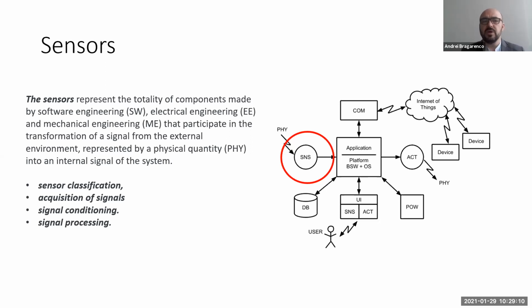Okay. Sensor. We'll have a special class for sensors. And what is a sensor? A sensor is a device that converts an external physical environment parameter into information, going through the mechanical part, the electrical side, and the software engineering part. In software engineering, such components or resources we name drivers, or software drivers.